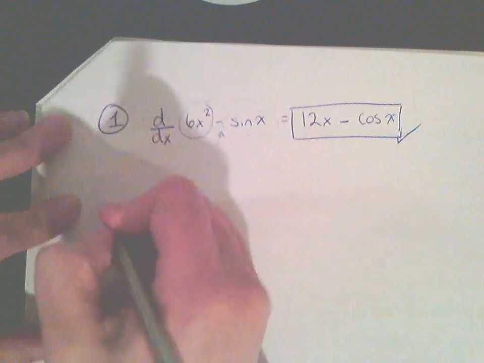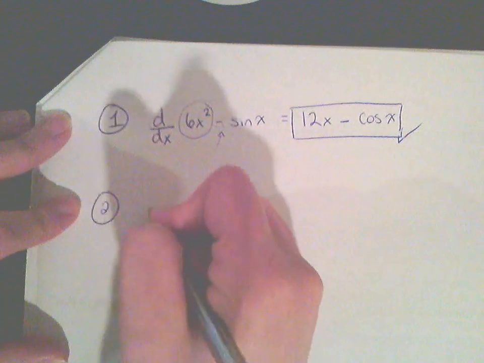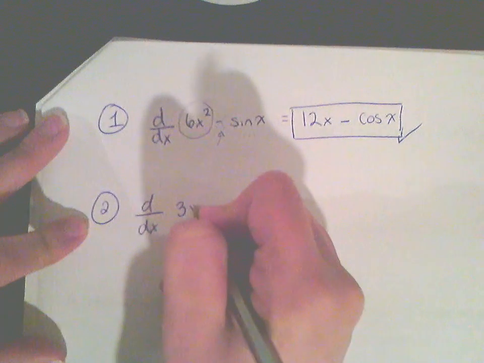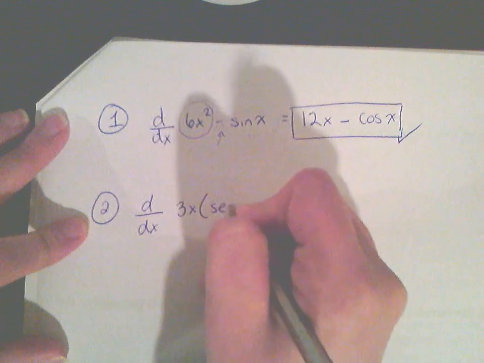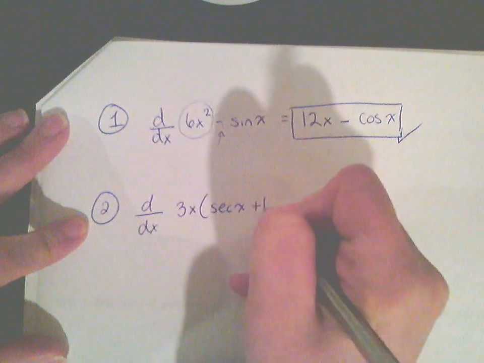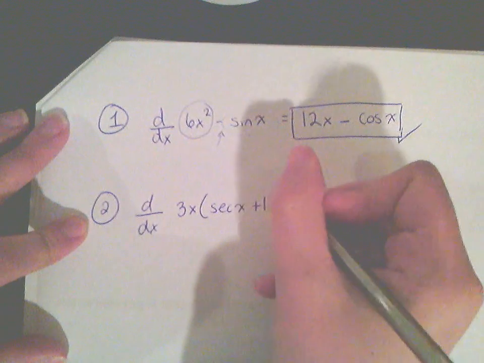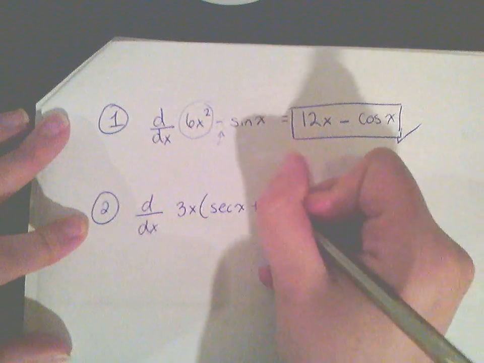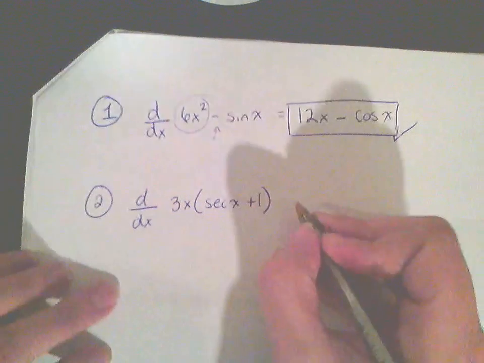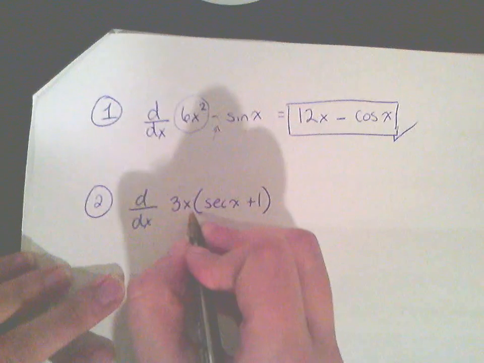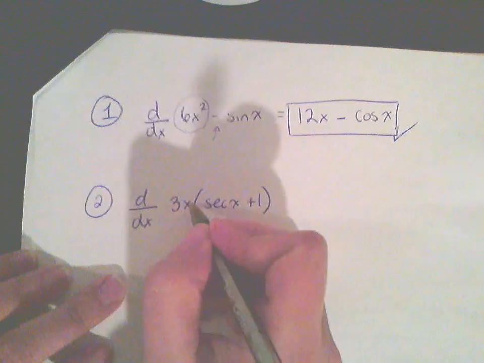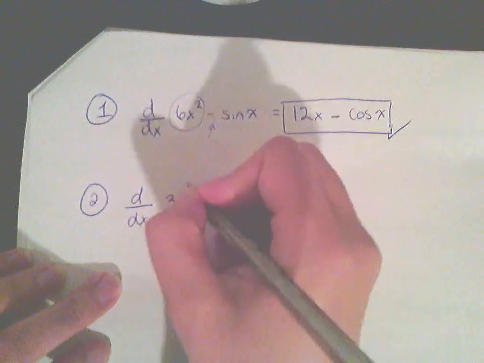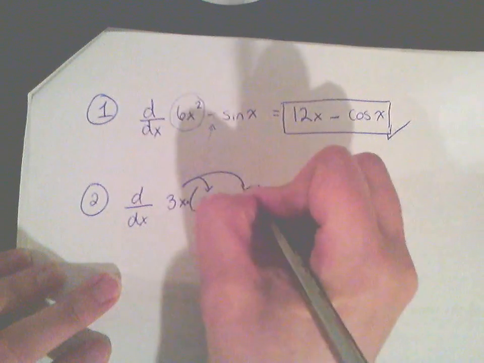Okay. Number 2 is find the derivative of 3x times secant of x plus 1. All right, now you could start off with the product rule and just separate these two, but what I'm going to do is I'm actually going to distribute this first.